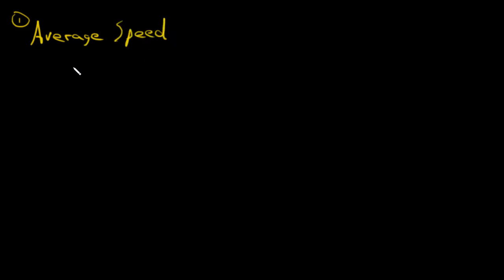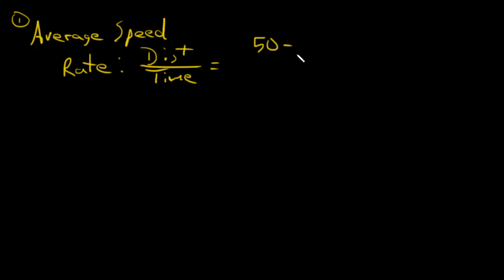Okay, well, how do we get that? Well, average speed is a rate, and we know that that is distance divided by time. So the distance, well, you were at mile marker 50 for the second one and mile marker 10 for the first one.